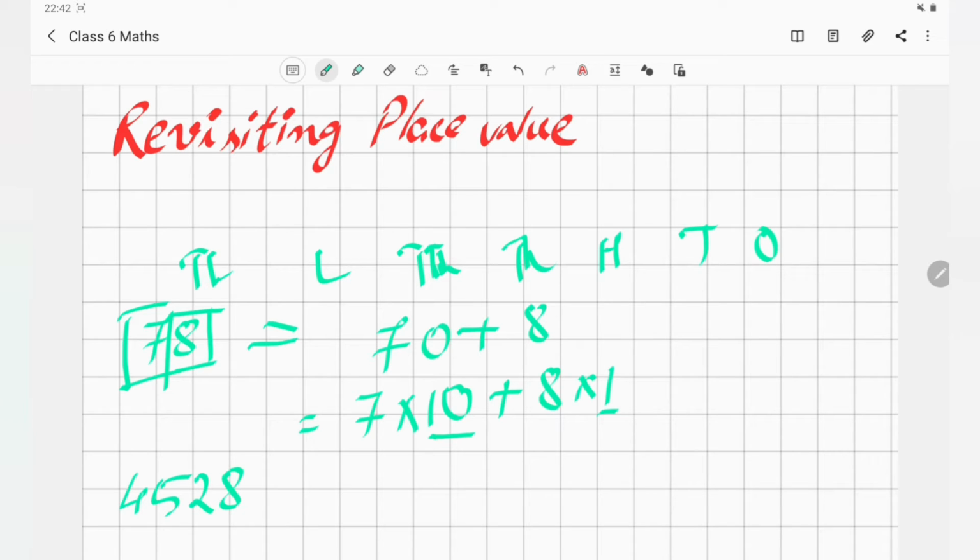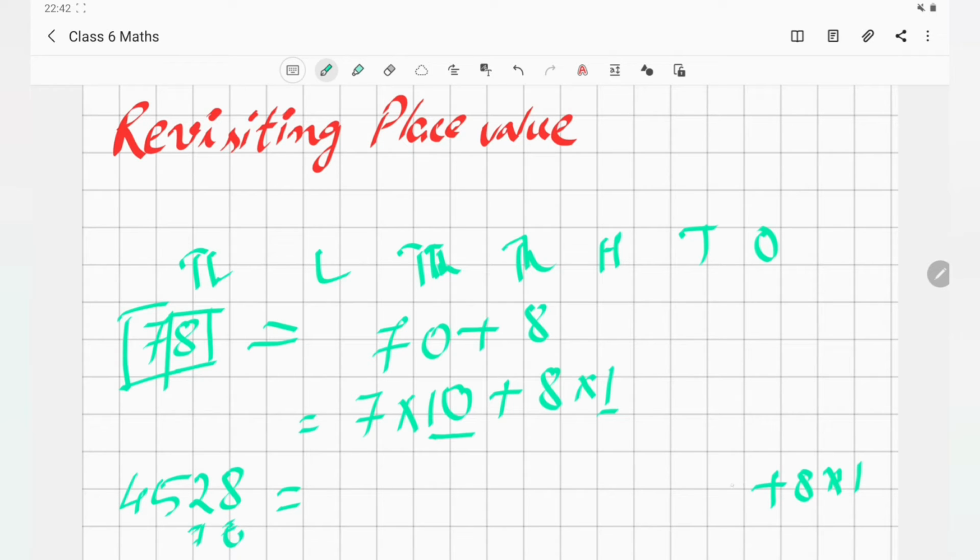Similarly, if a bigger number is given to you, let us say 4528, how do you go about it? Very simple. You start from the right, just so that you don't get confused. Write the first digit on the right, which is 8, multiplied by 1, then plus, then take up the second digit. First is ones, second is tens, right?